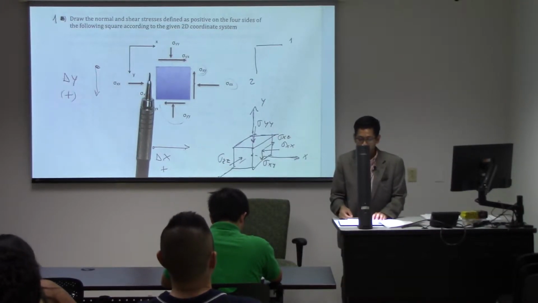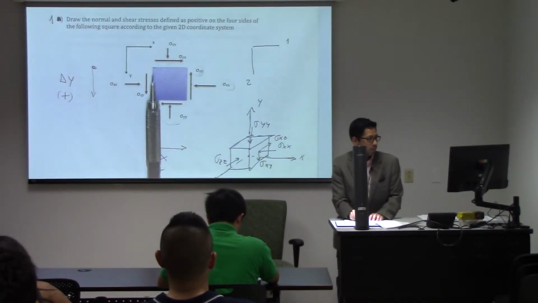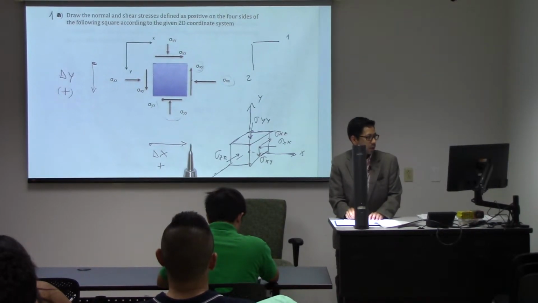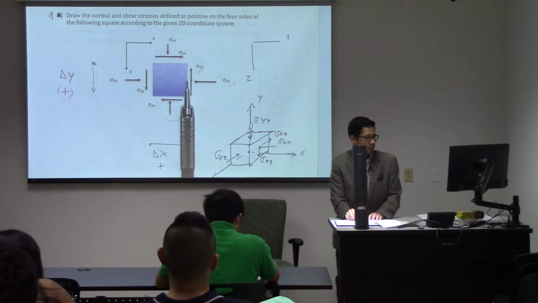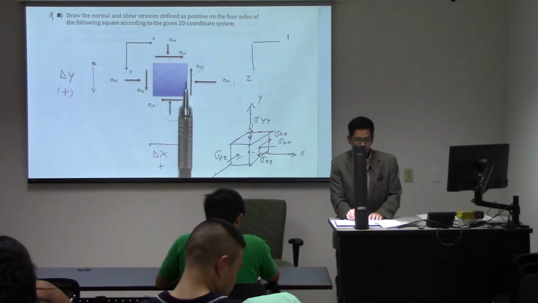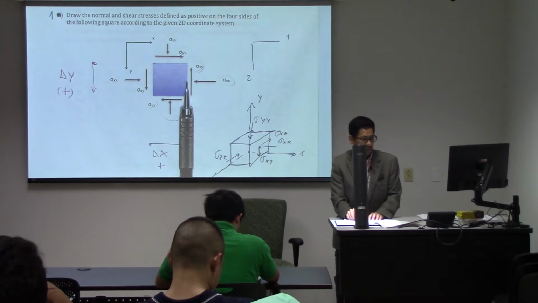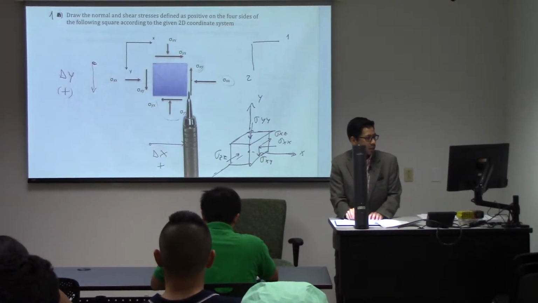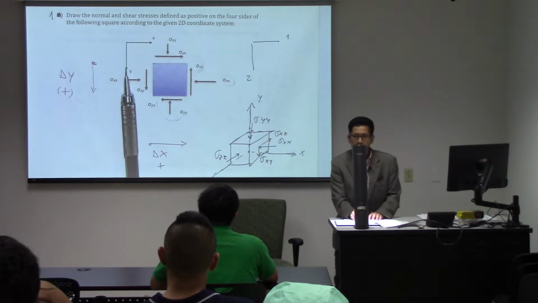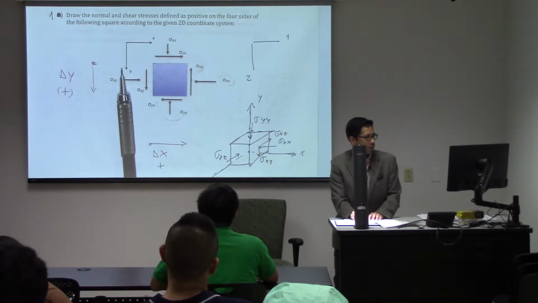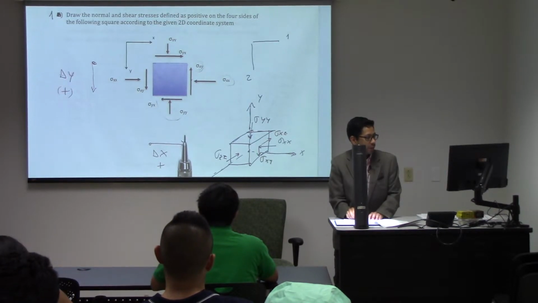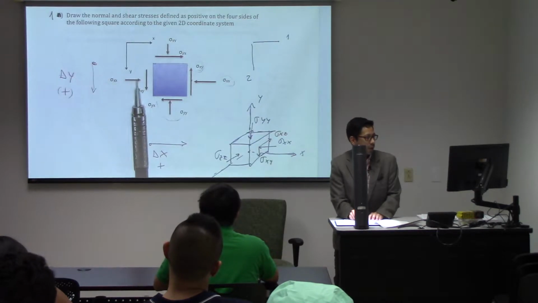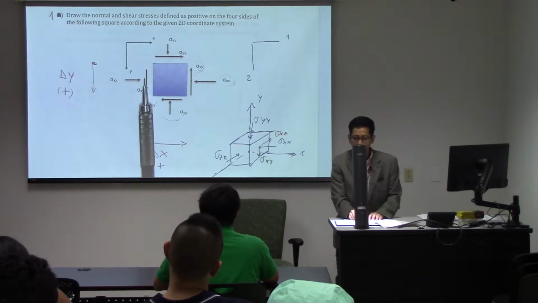So according to our rule, whenever we do a positive increment, like for example in this case delta x, on the other side of the face, in order to have positive stresses, the normal stress should be pointing against the x-axis, and the shear stress should be pointing against the y-axis. If you do a negative delta x, going in the direction opposite to this arrow, then you have those pointing in the opposite direction.